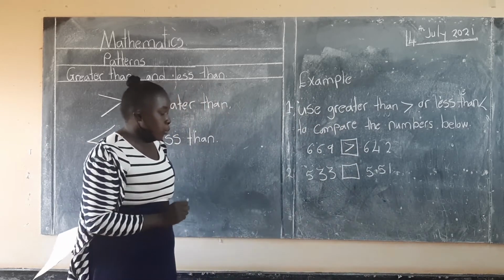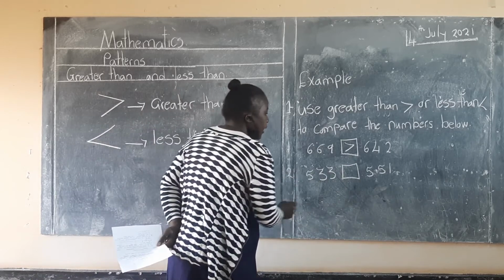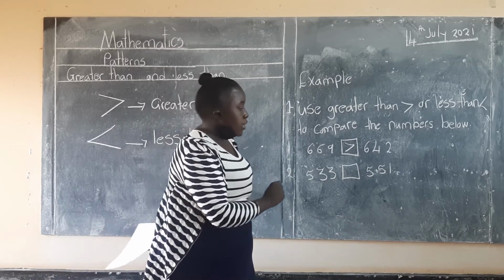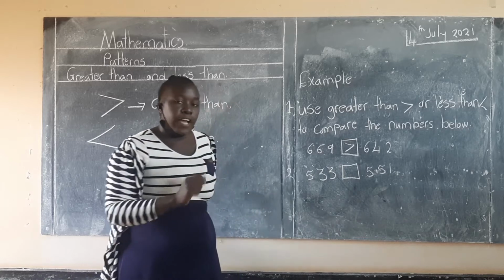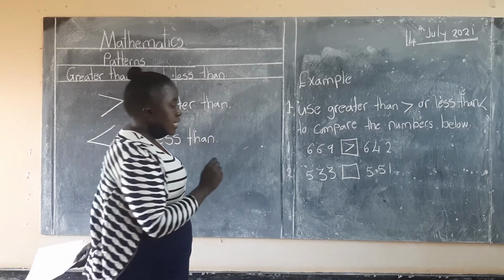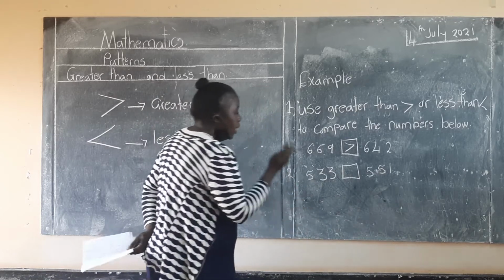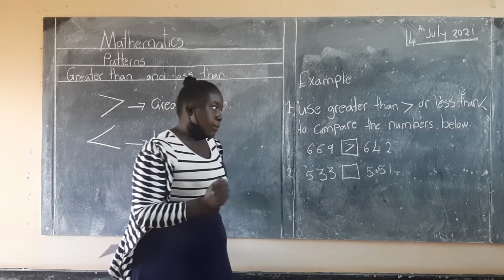We come to number 2. We have been given 533 box 551. We also have to put a symbol that will compare the two numbers. Which number is bigger, the first number or the second number?